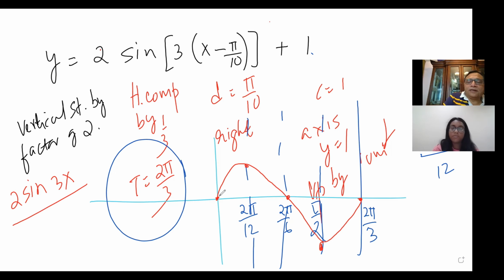So each point I will move pi by 10 units on my scale, and 1 unit up. So my axis basically moves by 1 unit. So I'm moving this point from here to here. Every point I'm moving right and then up.